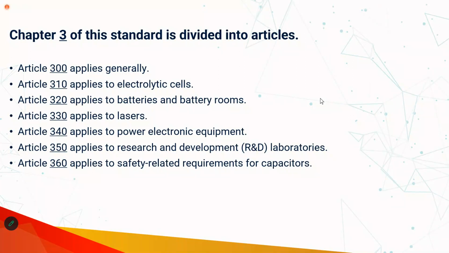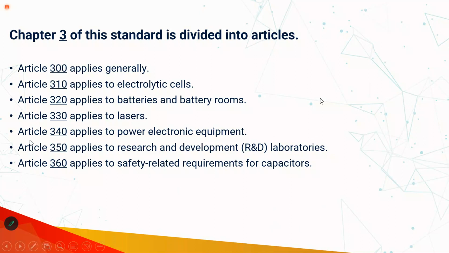For example, for electrolytic cells, if a person is working where there are electrolytic cells, the arc flash boundary and the shock protection boundaries are not calculated as per the chapter number 1 requirement, but different methodologies are established for that particular working zone. 70E does not talk about what those methods or calculation methods are, but it says that the chapter number 1 requirements are not applicable here.